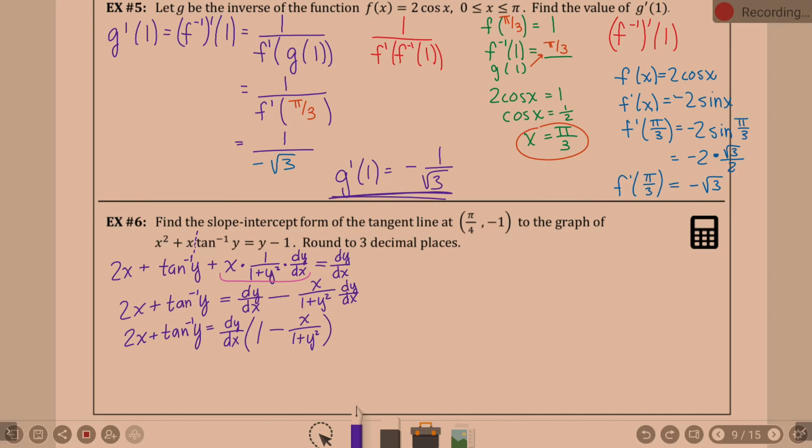And then can you write this lovely thing as dy/dx equals? So I'm going to have dy/dx equals, on top is the 2x plus tan inverse y, divided by 1 minus x over 1 plus y squared.